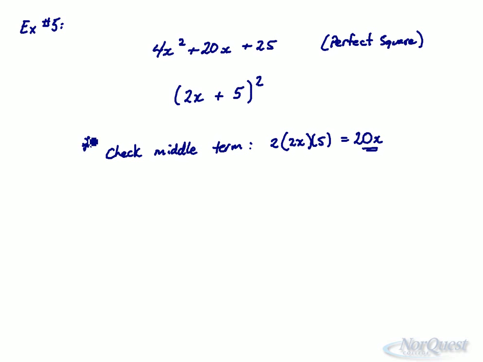Let's look at one more of those in example 6. Example number 6 gives us 5m cubed minus 40m squared plus 80m. Again, look for the GCF first, and then we'll deal with what we're left with after.